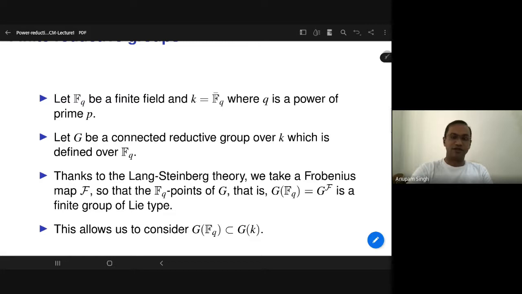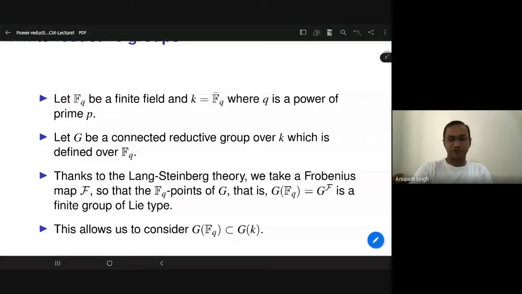So I can think of the F_q points of G as the fixed points of this Frobenius map on the group G. A priori, the group G, which I'm assuming is a reductive group, and I will continue to assume that in my lecture, certainly today, is defined over an algebraically closed field K, and I can take the fixed points under F, and that gives me these groups of Lie type of F_q points.